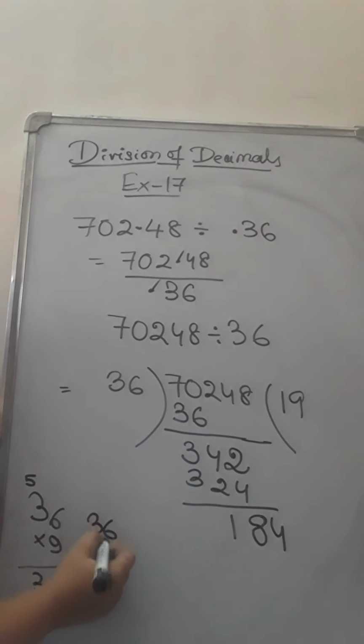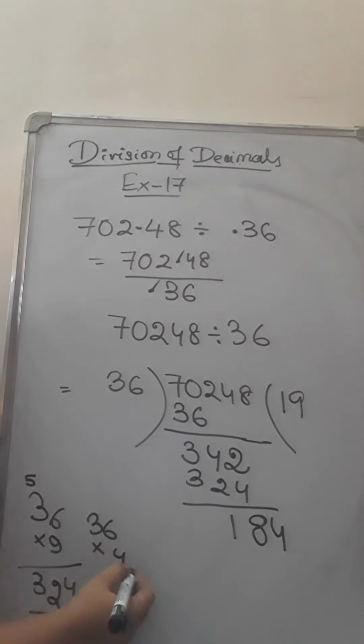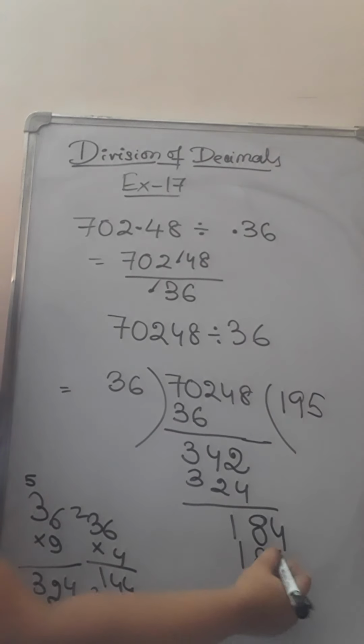Now you have to think about a number. 36 into 1 or 2 will not give you 184. I am trying 36 into 4. It gives 144. 36 into 5: we have to check every time which is giving the nearest number. It gives 180. So we will take 36 fives are 180.